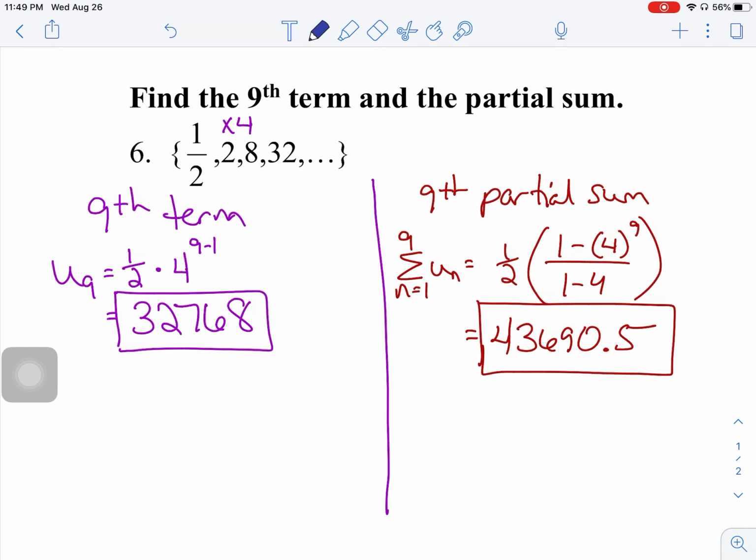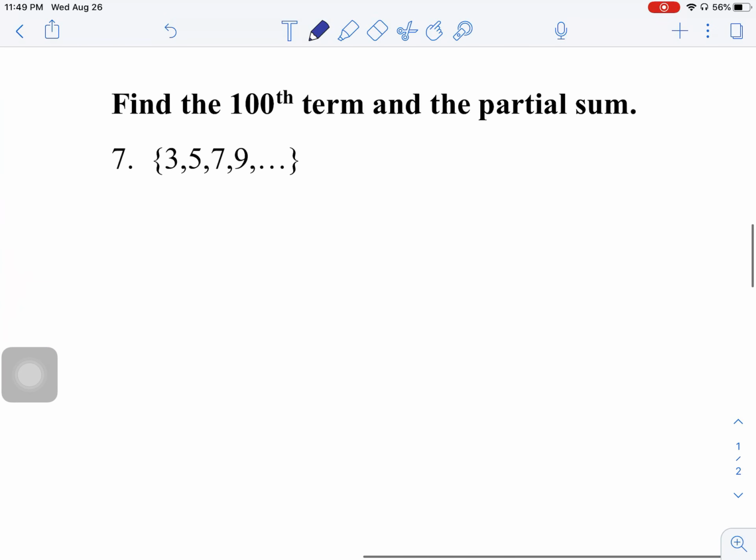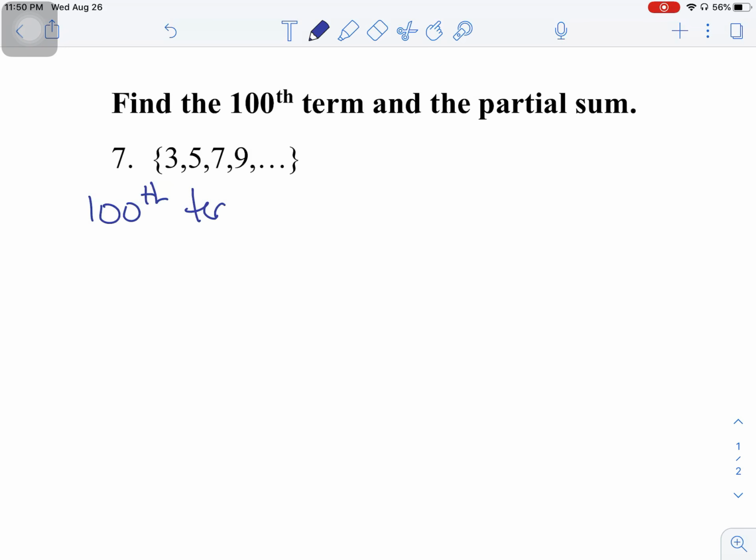All right, so let's take a look at number 7. The last problem on this page. I'm looking for the 100th term. I'm going to take a guess that this is going to be an arithmetic sequence. And then we're eventually going to find the 100th partial sum. 100th term here.